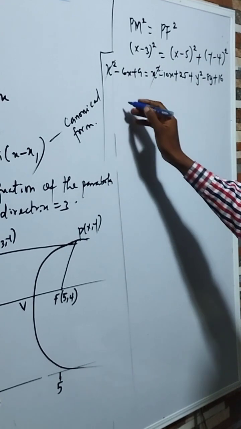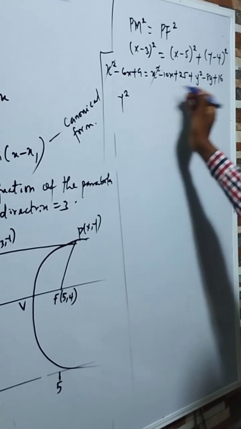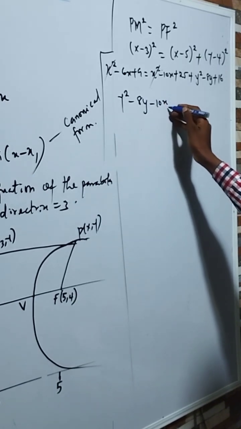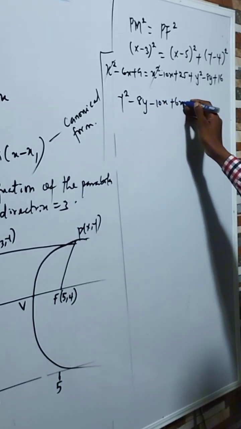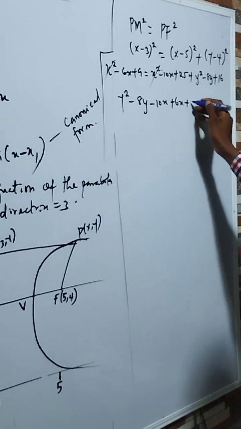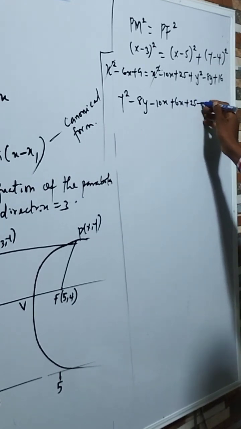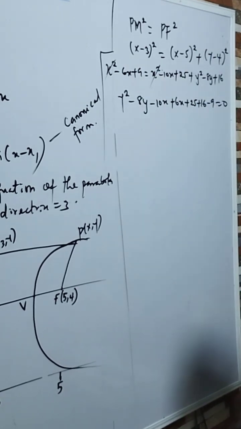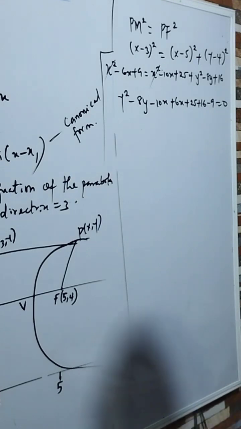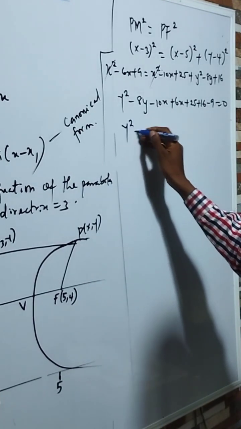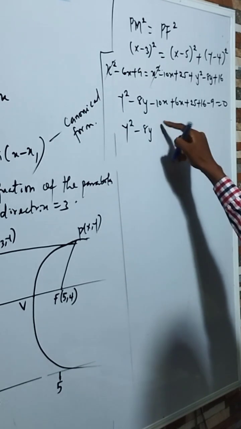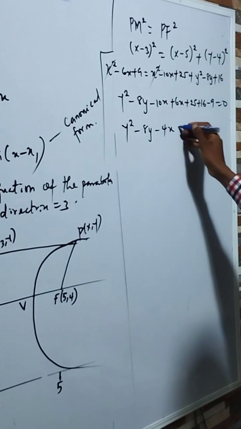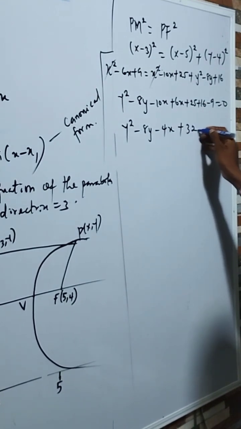We're going to have y square minus 8y minus 10x plus 6x plus 25 plus 16 minus 9 equals 0. So with this, we're going to have y square minus 8y minus 4x plus 32 equals 0.